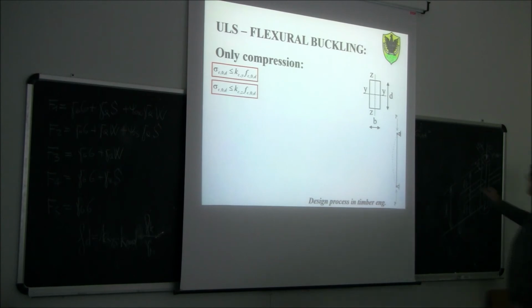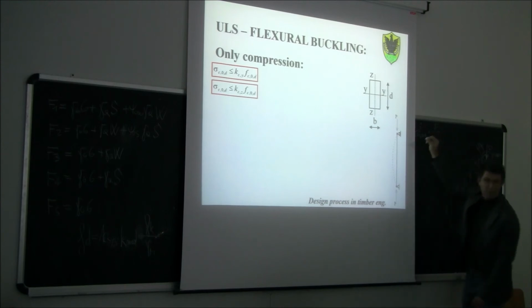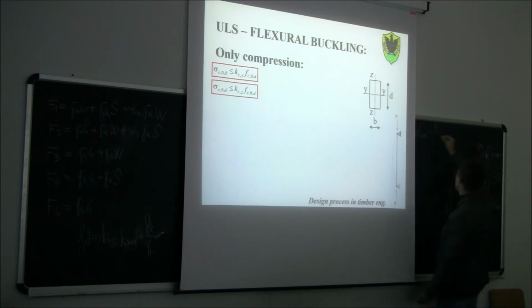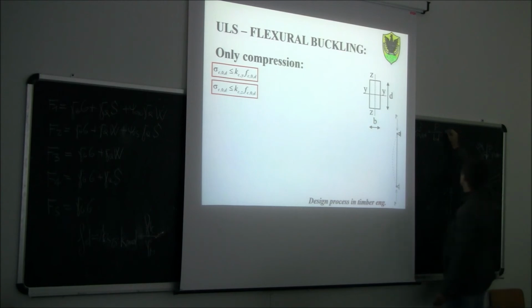P divided by B times D, the area. This must be less than or equal to kc,y times f c,0,d.